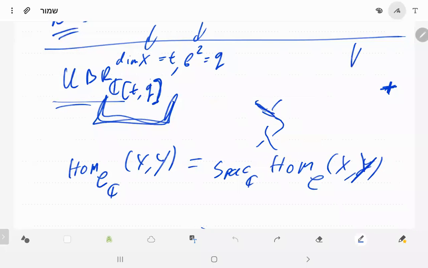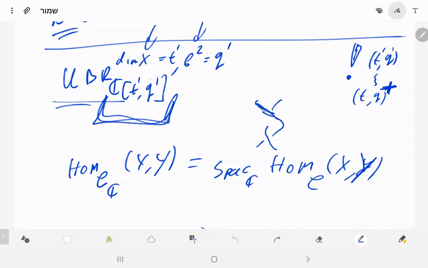So now, warning: t and q are maybe bad names, so maybe I will call them t prime and q prime. And t and q are usually some other two parameters, which can be expressed via t prime and q prime, but not polynomially expressed. They can be expressed as a power series. So it's not completely equivalent to this.